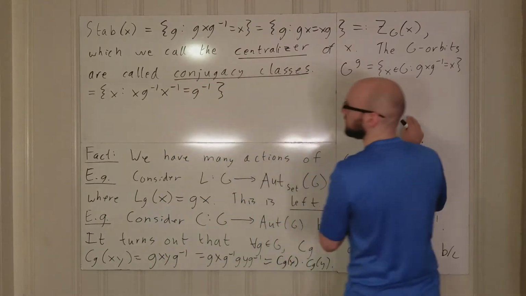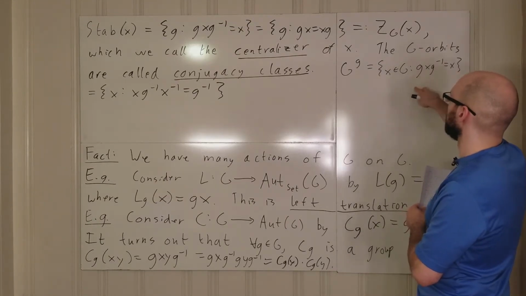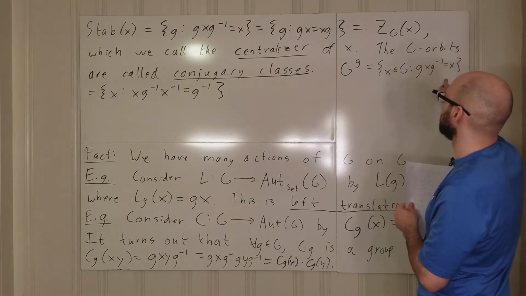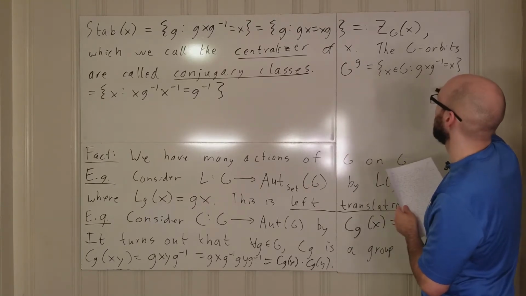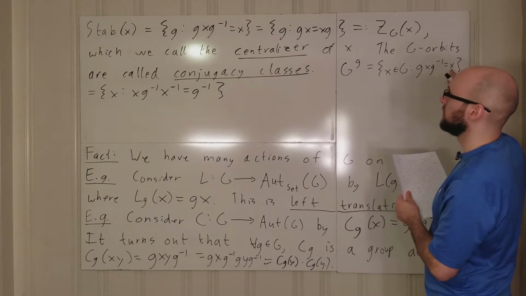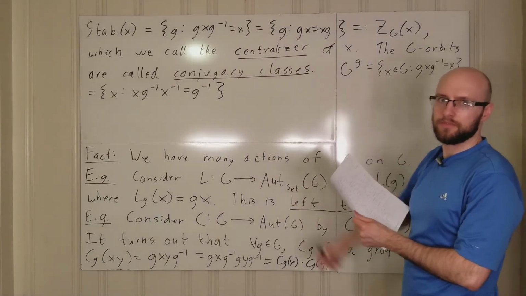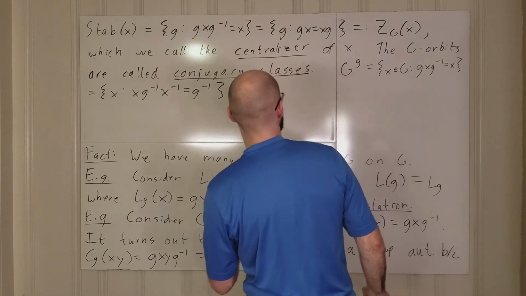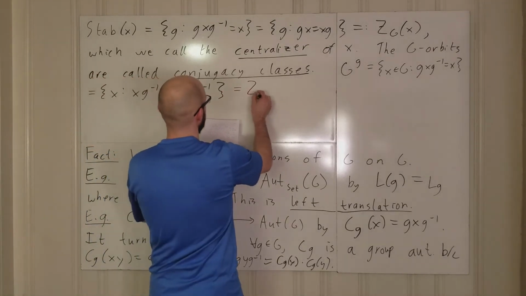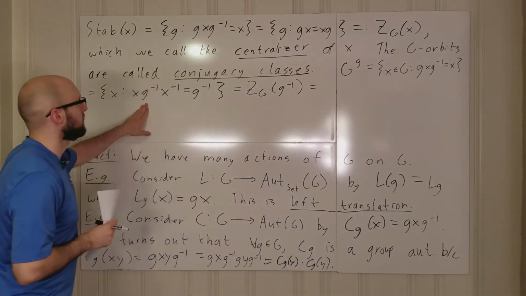And is that obvious? Right, so you multiply on the left by g inverse, and that tells you x g inverse equals g inverse x. And then you multiply on the right by x inverse, and then you get x g inverse x inverse equals g inverse times x times x inverse, which is just g inverse. Okay? And so this is equal to this, which is now the centralizer of g inverse.